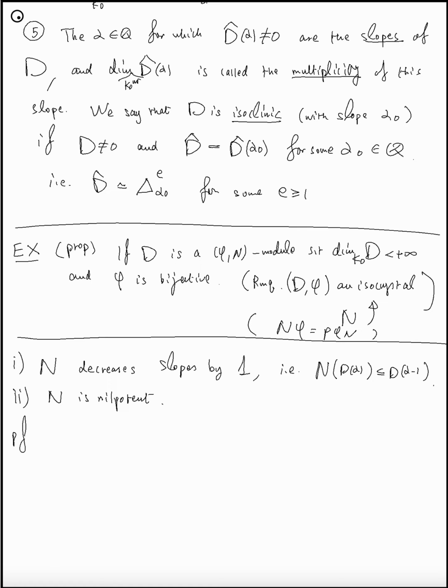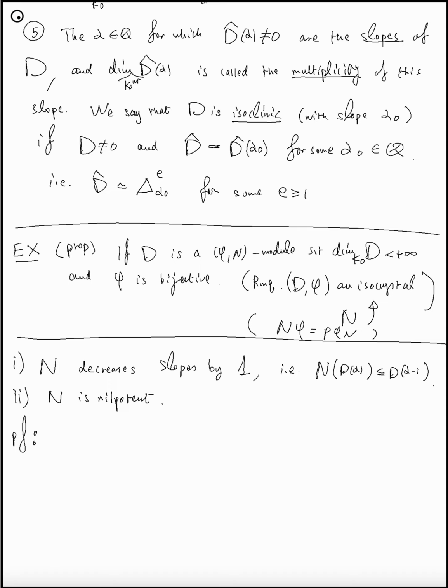Proof. So the idea is that, how comes this restriction on, or this result on the monodromy operator? Actually, it is because we have a finer structure on the Frobenius, which comes from the decomposition of isocrystal.